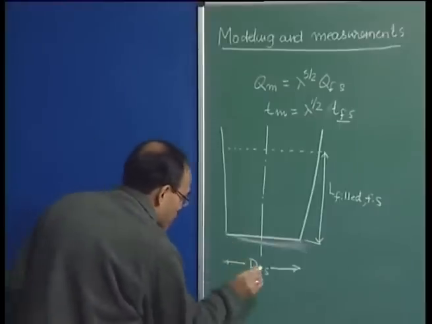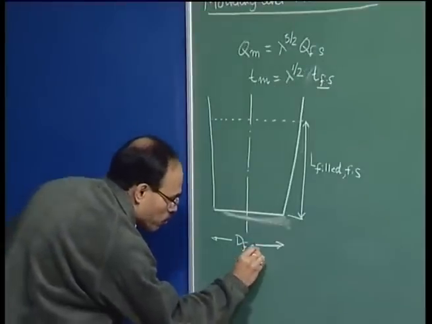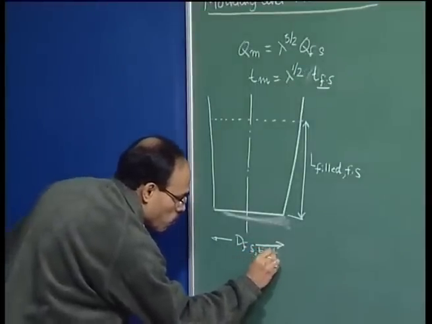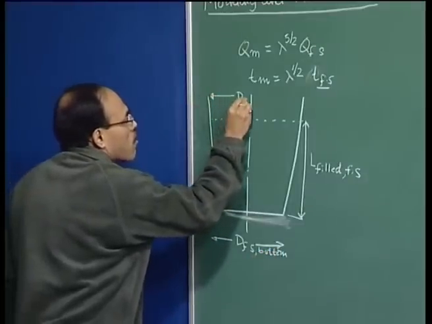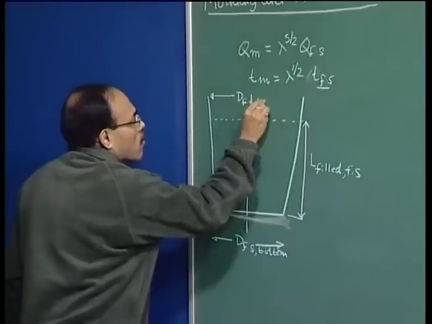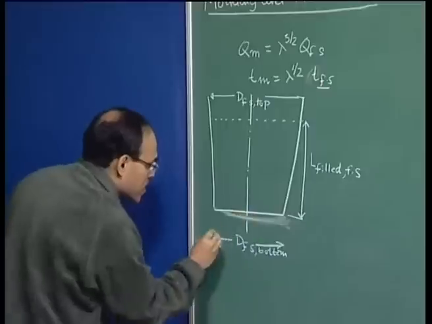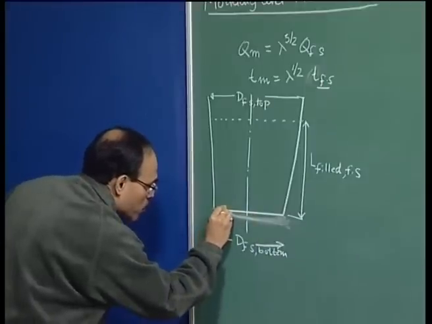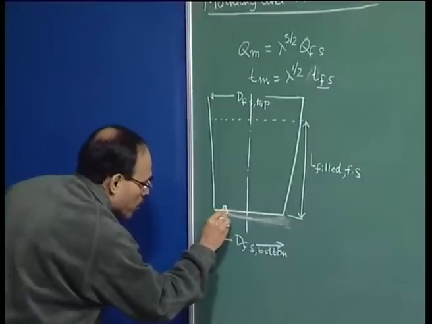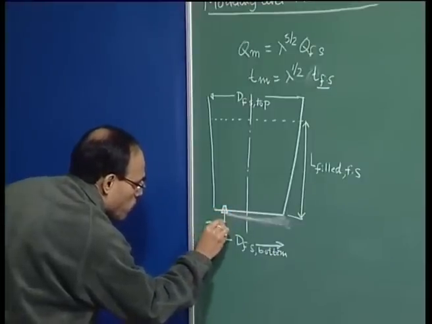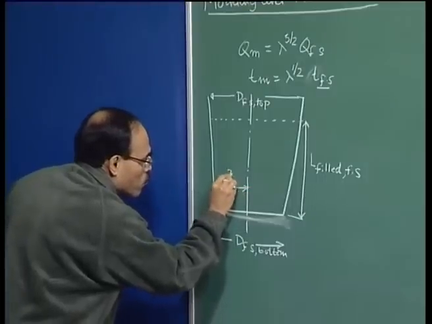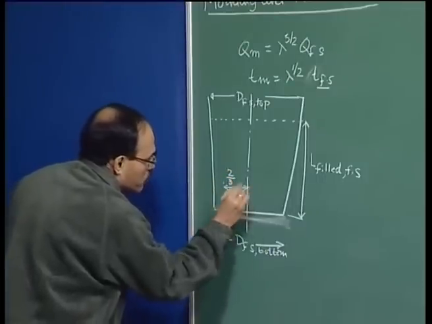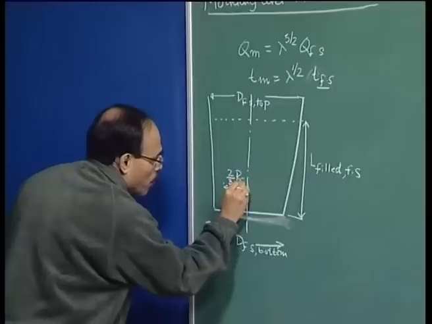This I will say as DFS bottom, and this is DFS top, because it is a tapered vessel. And let us say that the porous plug is located somewhere here, and this distance is essentially 2/3 into RFS bottom.